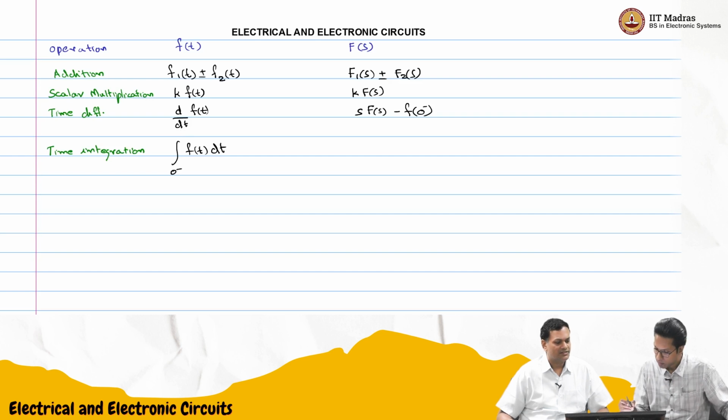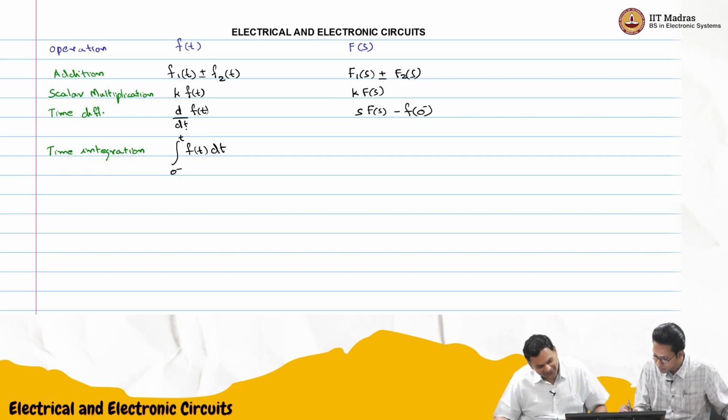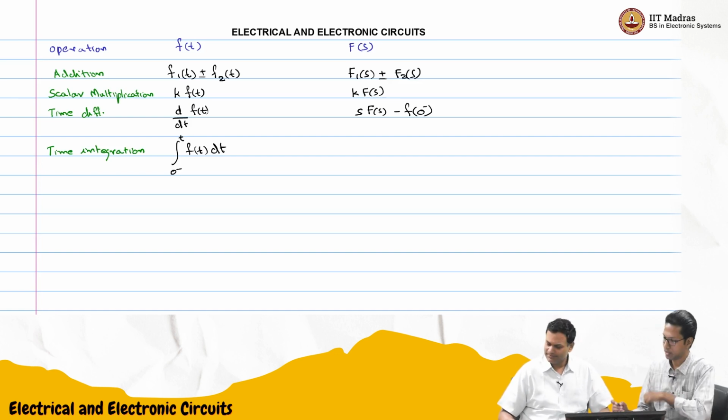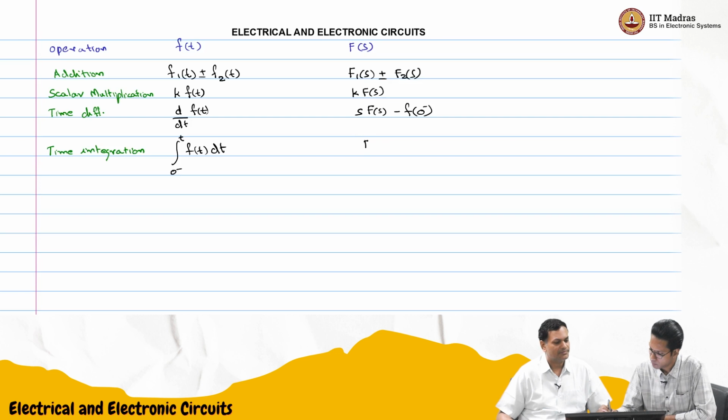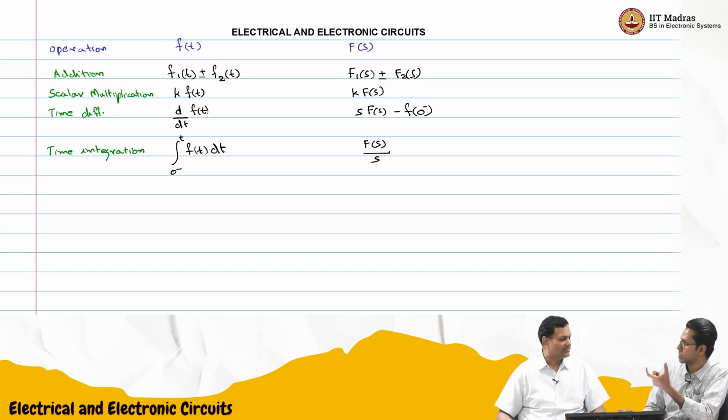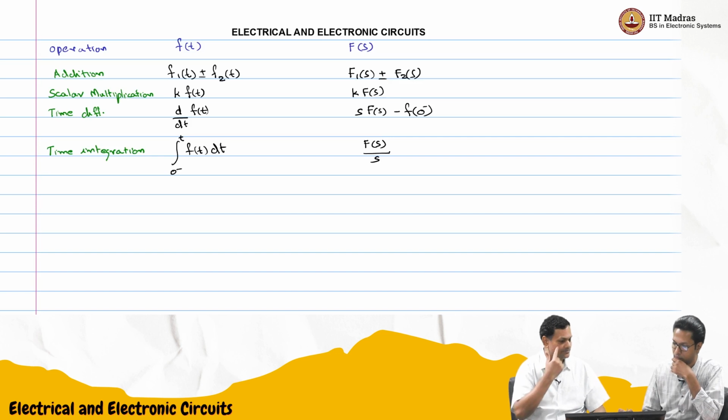So it was F of s by s. I think we did this in one of the previous classes. In fact, we also took a case where the capacitor had a previous charge. Suppose the capacitor voltage Vc of 0 plus was, let's say, 9 volts, then we represent it as 9 by s. We have seen this.